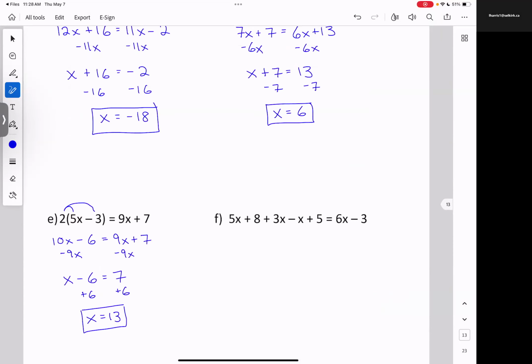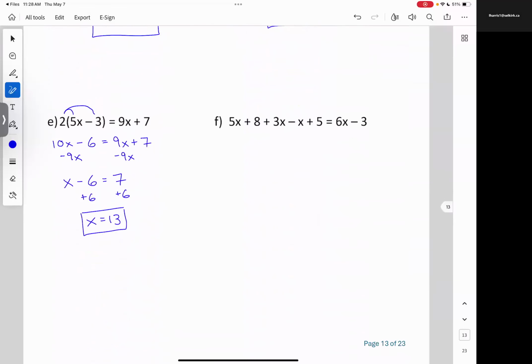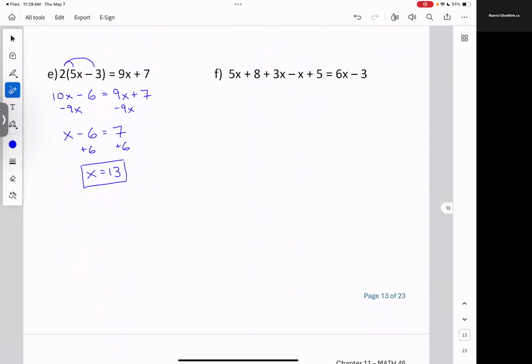Okay, and I'm supposed to be solving and checking these ones. So let's go ahead and check it then. To check it, our left side is 2 times 5x minus 3. Our right side is 9x plus 7, and we're saying x is 13.